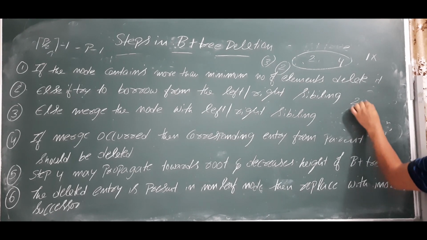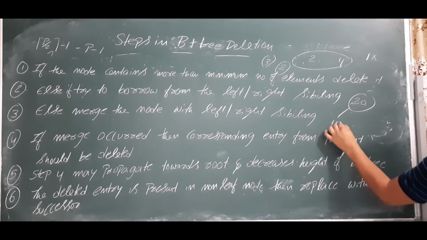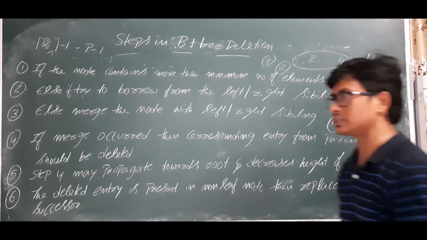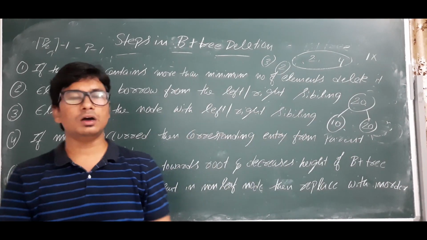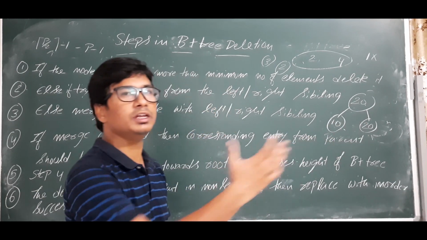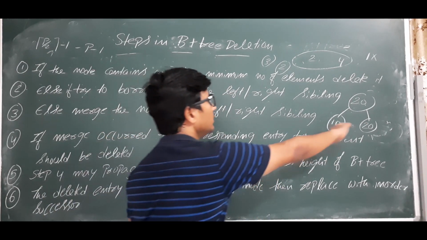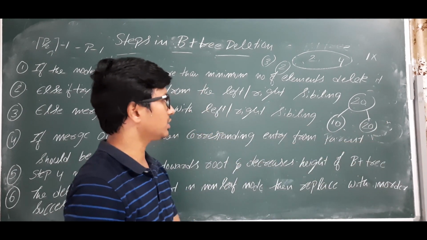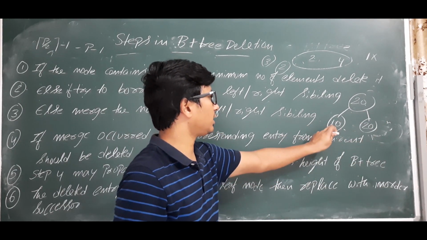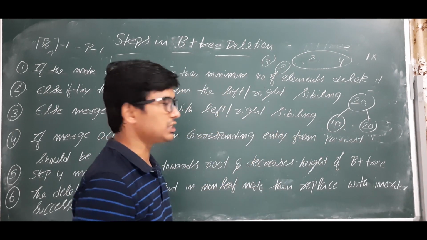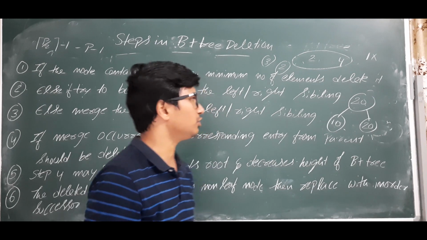I have 20 at the parent node and, at the leaf nodes, this one, because this is the property of the B+tree: if the elements 10 and 20 are key elements in the B+tree, they will be present in the leaf nodes. All the elements will be present at the leaf nodes.